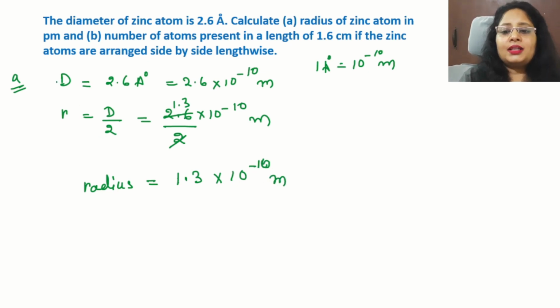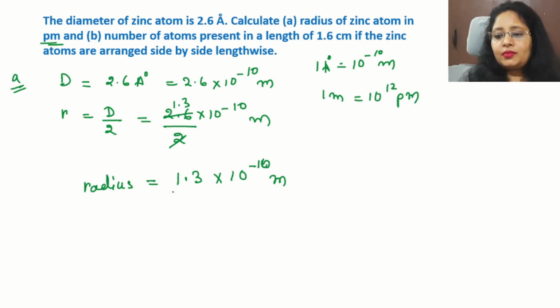But they are asking the answer in picometer. So again we need to convert the meter into picometer. We know that 1 meter is equal to 10 to the power 12 picometer. So in place of meter we will write 10 to the power 12. So it is 1.3 into 10 to the power minus 10 into 10 to the power 12.